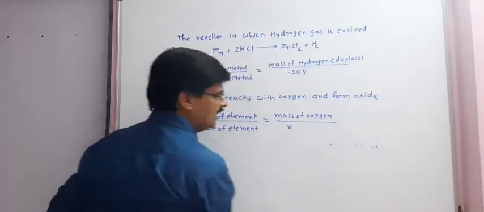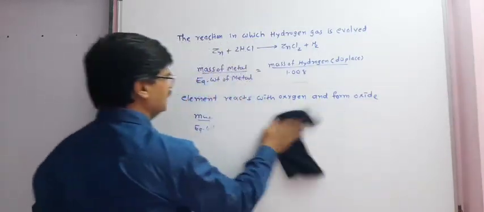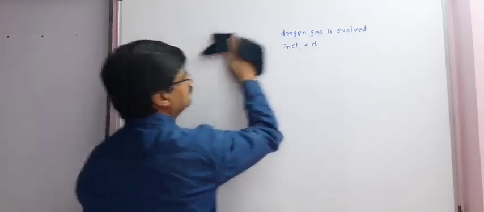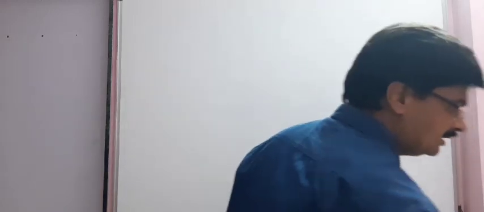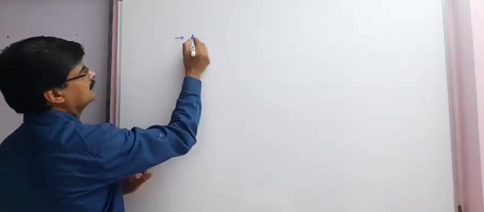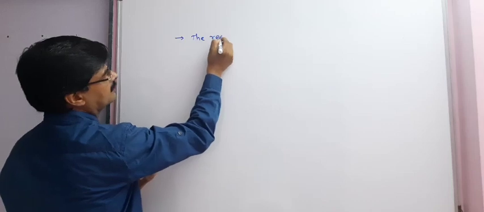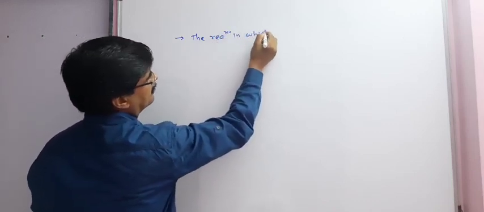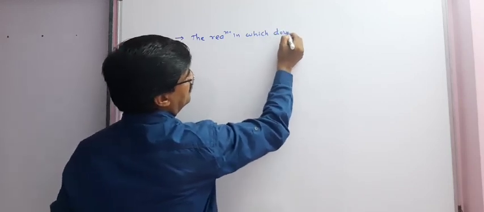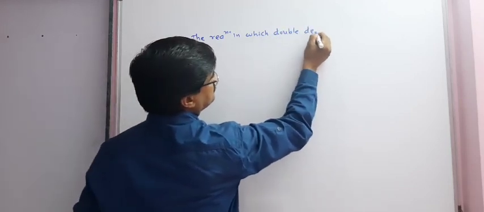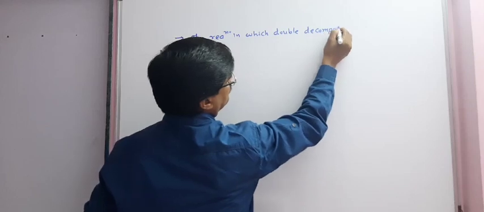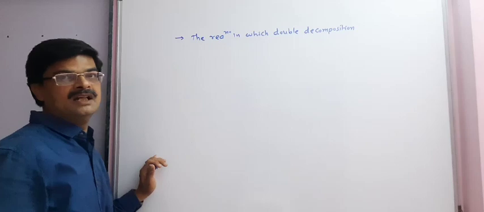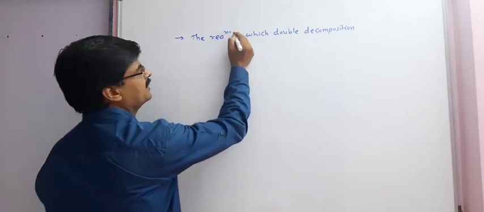Now, the reaction in which double decomposition takes place, then we can find out the equivalent weight by using this simple formula.